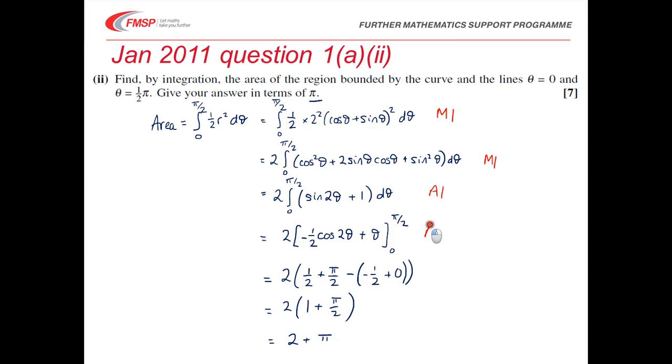There are then 2 accuracy marks for getting the correct integration with the correct limits, and 1 mark if there is 1 error in that. A method mark for substituting in the limits, and that's dependent on the previous method marks, and then a final accuracy mark for getting the correct answer.